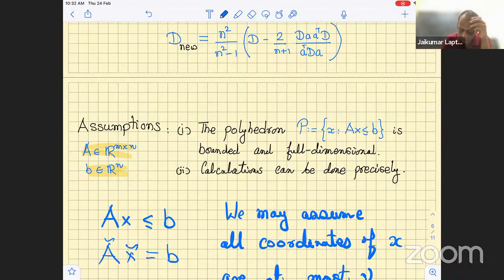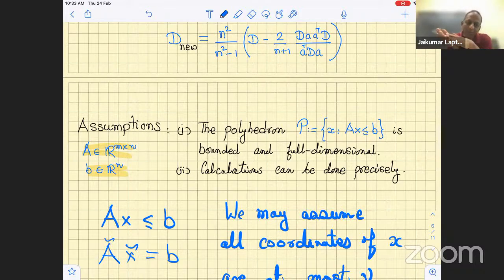But the question is, maybe the original system was infeasible, and the moment you increased the right-hand side by epsilon, it has become a feasible system. We don't want that. So we want to ensure that the original polytope continues to be inside the new polytope that we are constructing by fattening it.